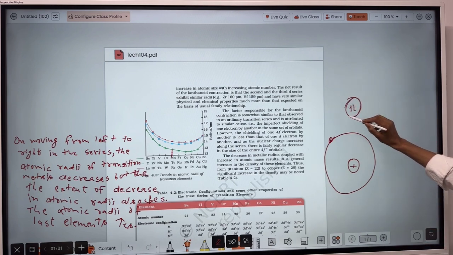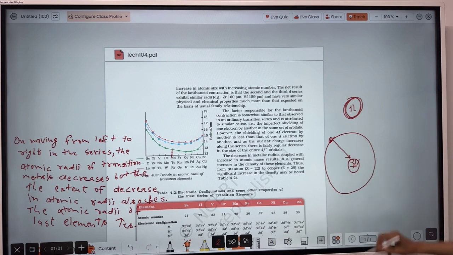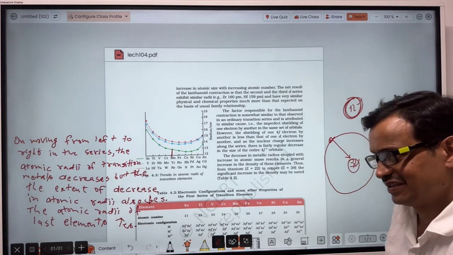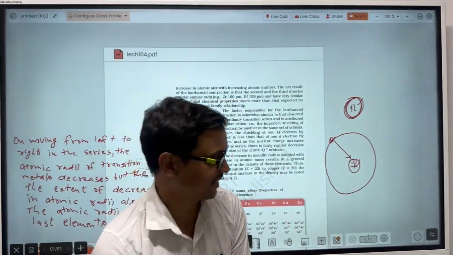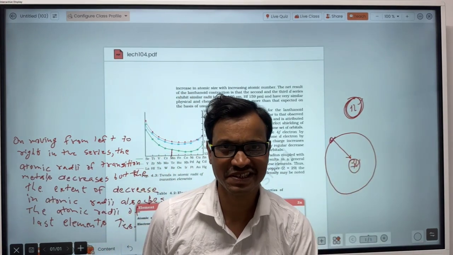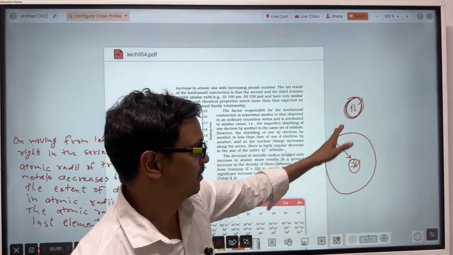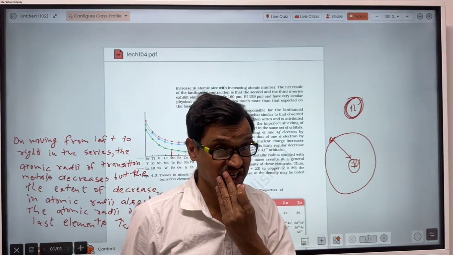So here the size of the orbital tends to increase, but the atomic number is increasing, so size will obviously decrease, and here it tends to increase. So there will be a decrement in the atomic radii, but it will not be as much as was predicted, because the electrons present in the same orbital will repel each other.